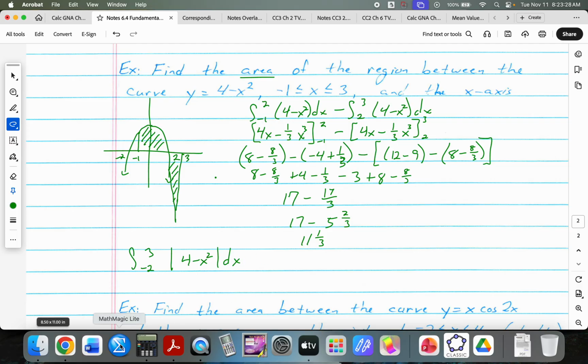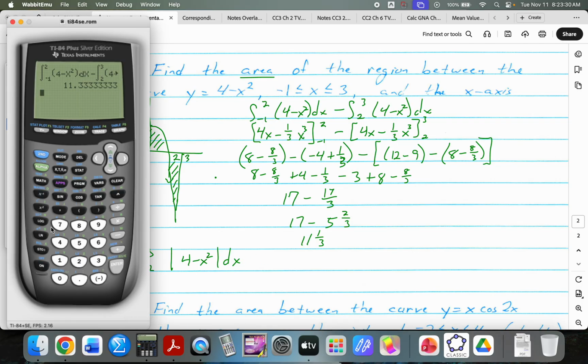For my money at least, when you're doing that on the calculator, so this is the integral from -1 to 3. The absolute value, I have trouble remembering where it's hidden. It's one of the things I don't like about the TI calculators: most things are there, but things are frequently hidden.